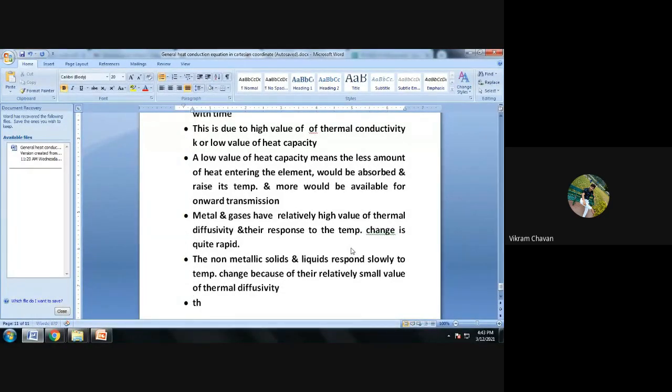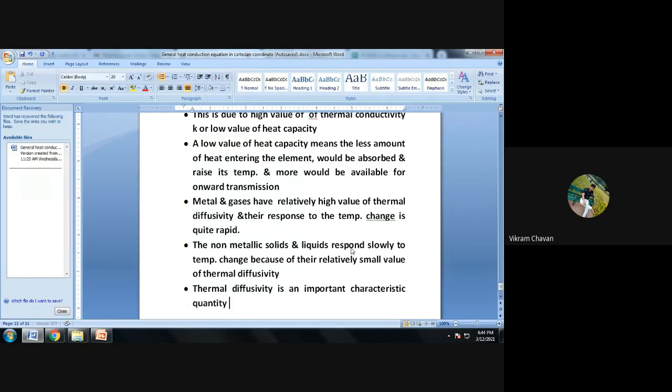And the last point, thermal diffusivity is an important characteristic quantity for unsteady conduction situation.